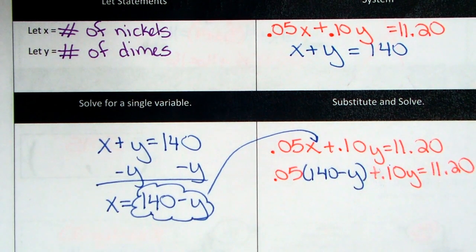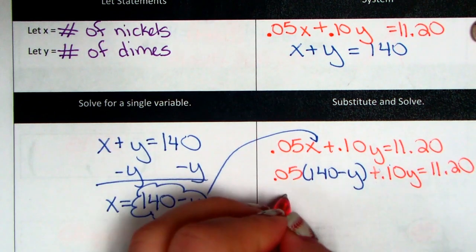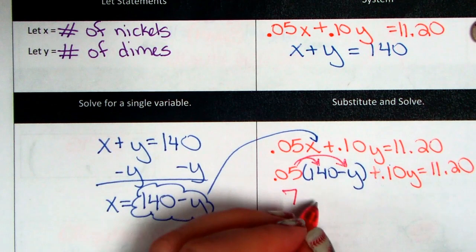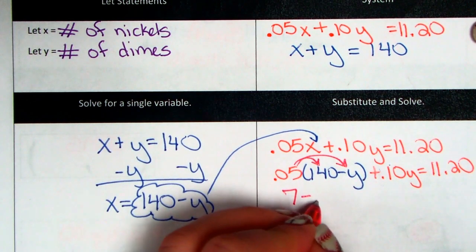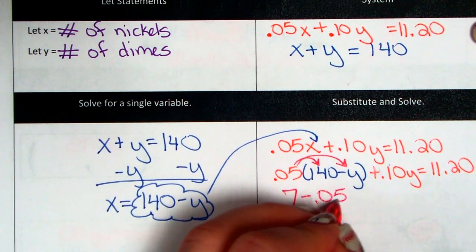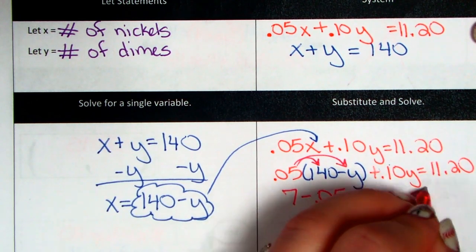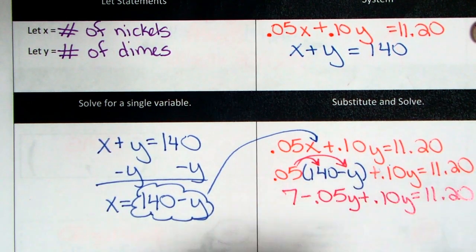So 0.05 times 140 should be 7. And 0.05 times negative Y gives me negative 0.05Y plus 0.10Y equals $11.20.